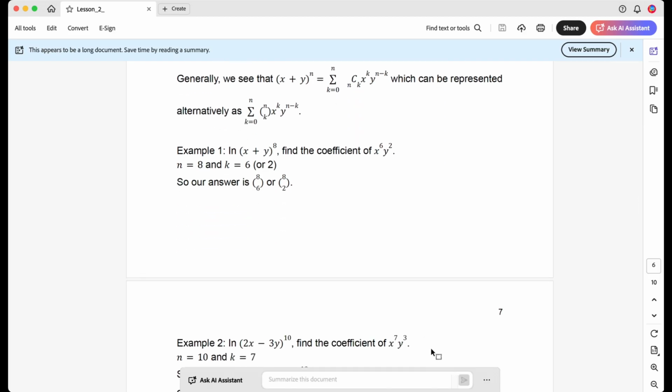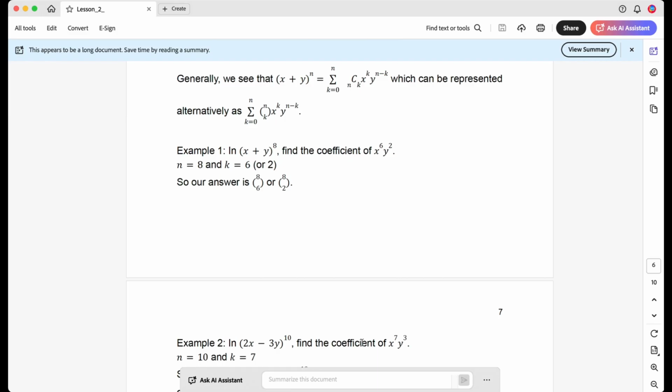Now, this problem is a little bit trickier because the expressions we have in our binomial already have coefficients. So we have to keep track of those as well as the standard coefficients from the expansion in the triangle. So we have a 10th power situation, finding the coefficient of x to the 7th, y to the 3rd.